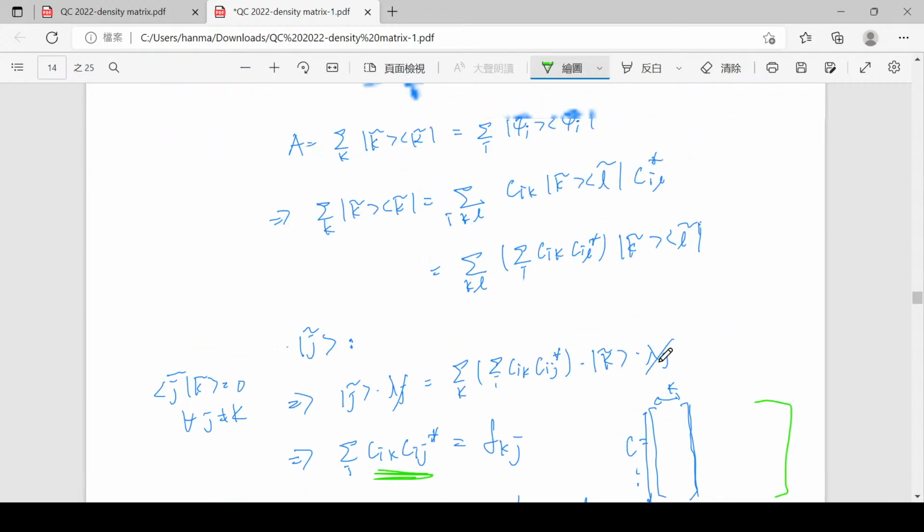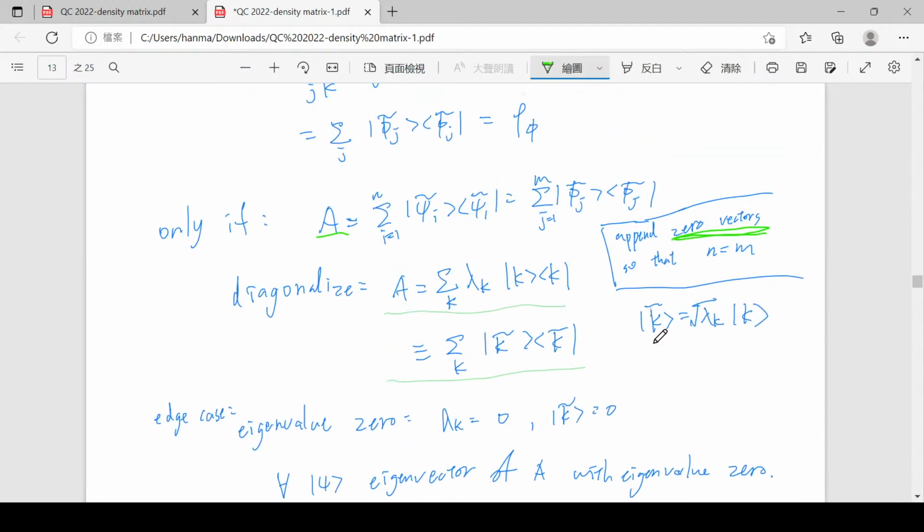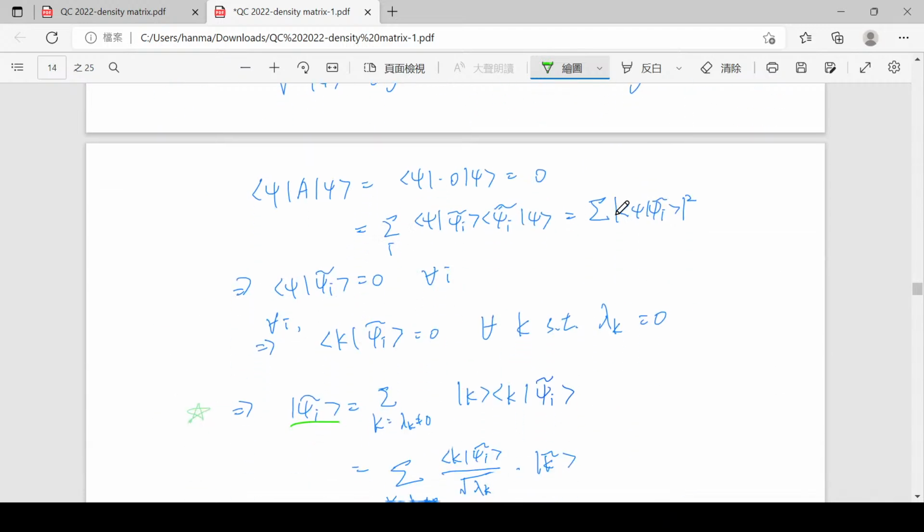So that's a high level idea. You show that there is a unitary relating this A and phi tilde, and another unitary relating this psi and A, and so there is a unitary relating this psi and phi.